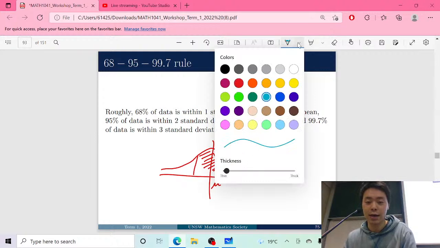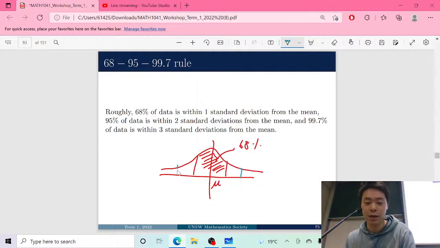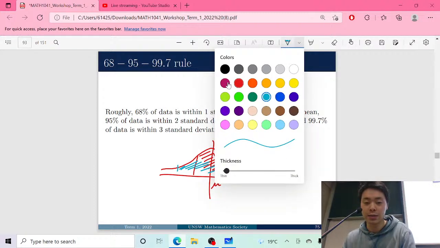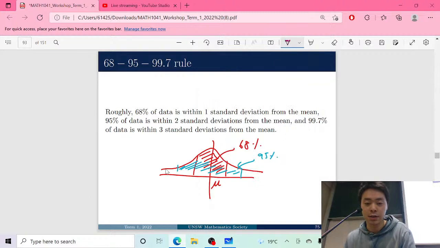Similarly, roughly 95% will lie in here, and lastly, 99.7% will lie inside this region here. This gives you a good estimation of how confident we are about where the true mean is going to lie. But again, this is just an approximation. It's not an exact or precise confidence interval.